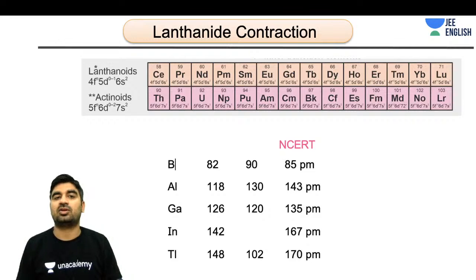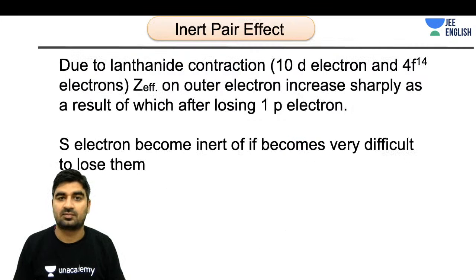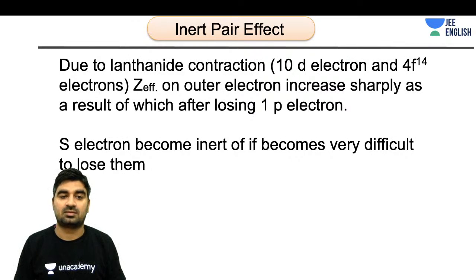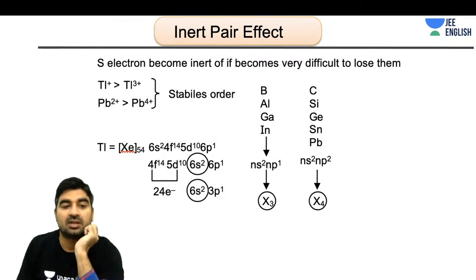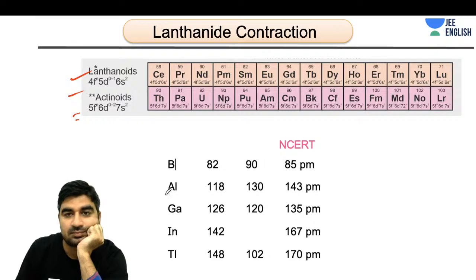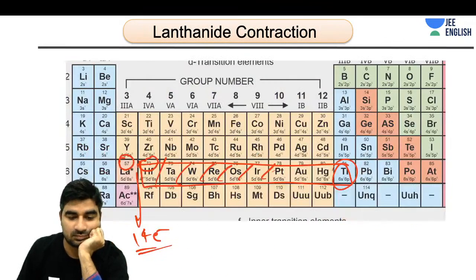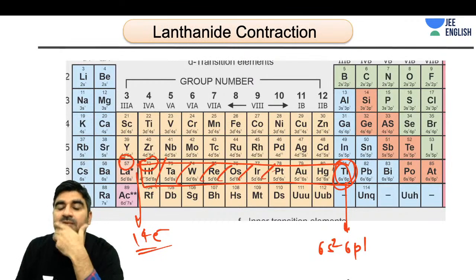So this is the lanthanide contraction. These are lanthanoids and these are actinoids. Now, what do you mean by inert pair effect? Here, what will be the configuration of thallium? 6s2 6p1.